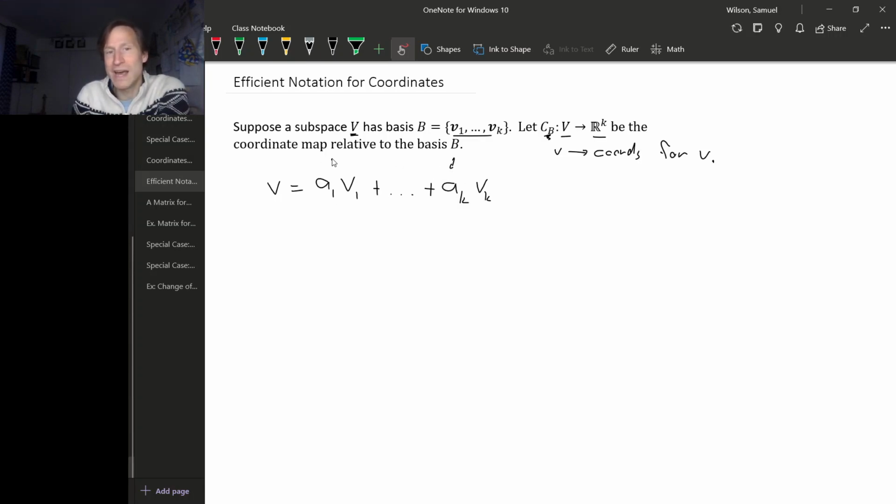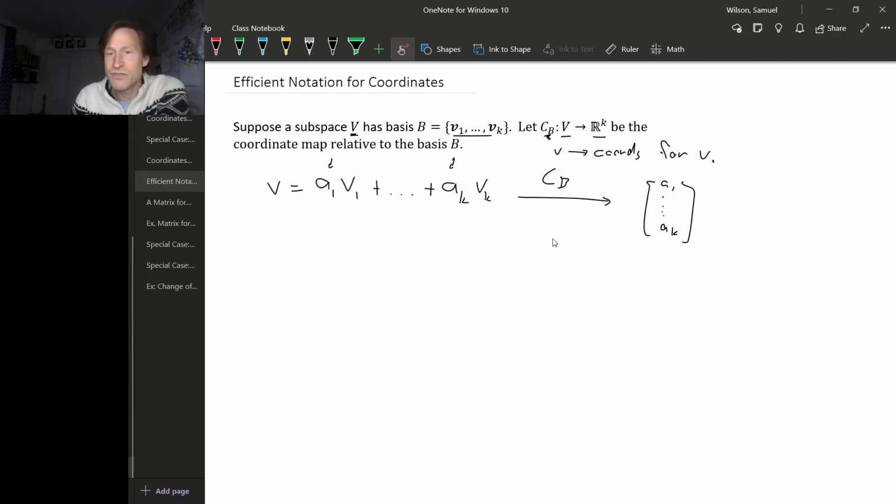There's no other way to choose a's so that this linear combination gives us little v. So what the coordinate map does is it sends this linear combination to the vector a1 through ak.